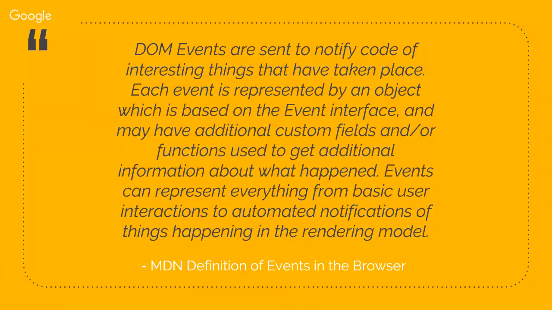Each event is represented by an object which is based on the event interface and may have additional custom fields and or functions used to get additional information about what happened. Events can represent everything from basic user interactions to automated notifications of things happening in the rendering model.